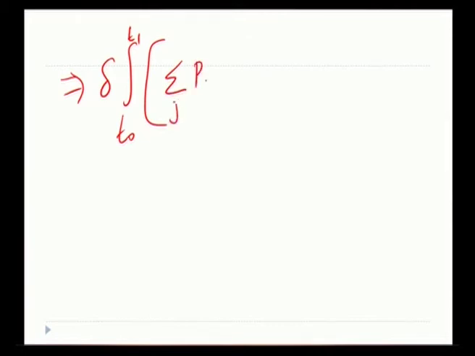Substitute that, which gives, according to Hamilton's principle, del of integration between t0 to t1 of summation over j, then pj into q dot j minus h into dt is equal to 0. This is the variation in action according to Hamilton's principle. Keep this as equation 4.